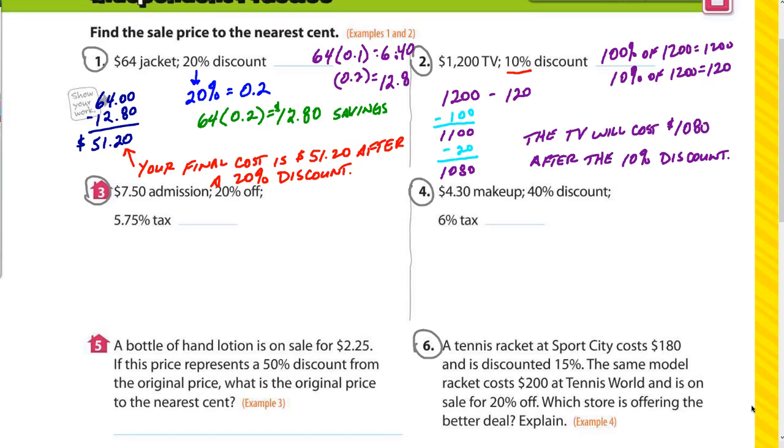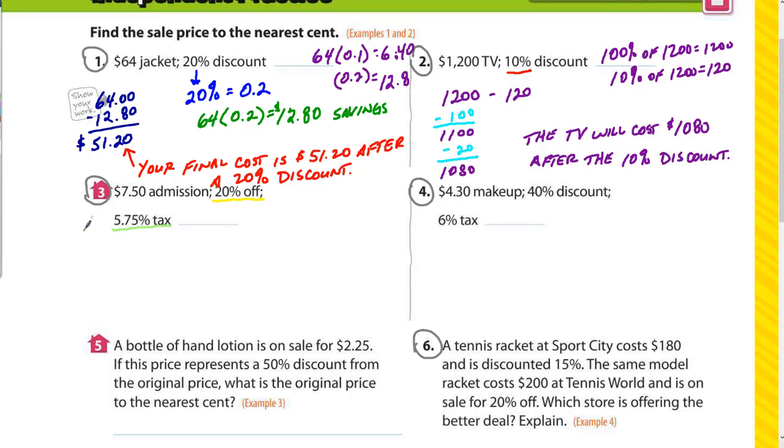All right, let's look at problem number 3. Now in number 3, we got two things going on. We have 20% that we're saving, and we have to pay a 5.75% tax. We're going to pay the tax on the discounted amount.